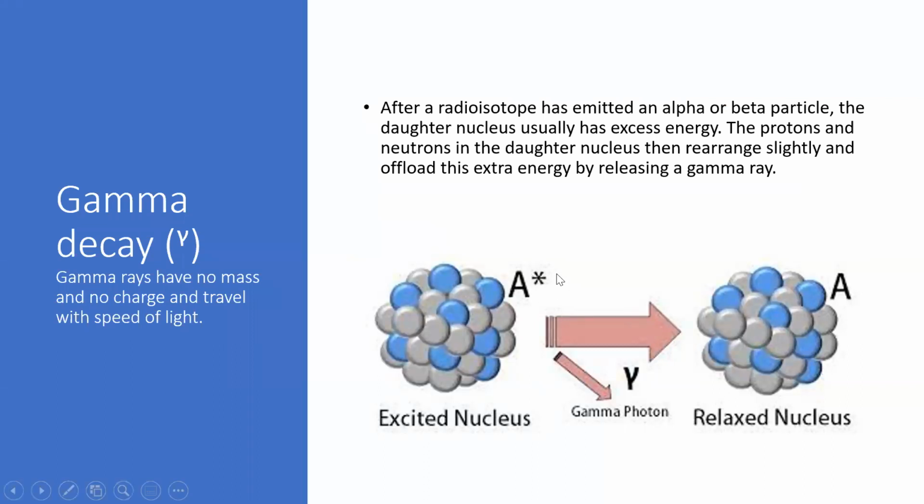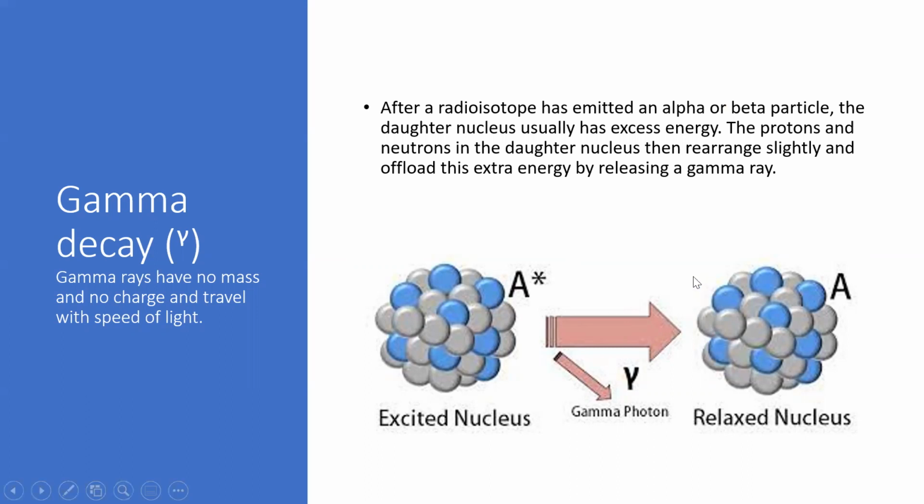You can see the asterisk sign here, which denotes that the nucleus is excited. When a nucleus or an electron is excited, it has to come down to its ground state and release that extra energy. Therefore, the protons and neutrons in the daughter nucleus rearrange slightly and release this extra energy in the form of gamma rays.